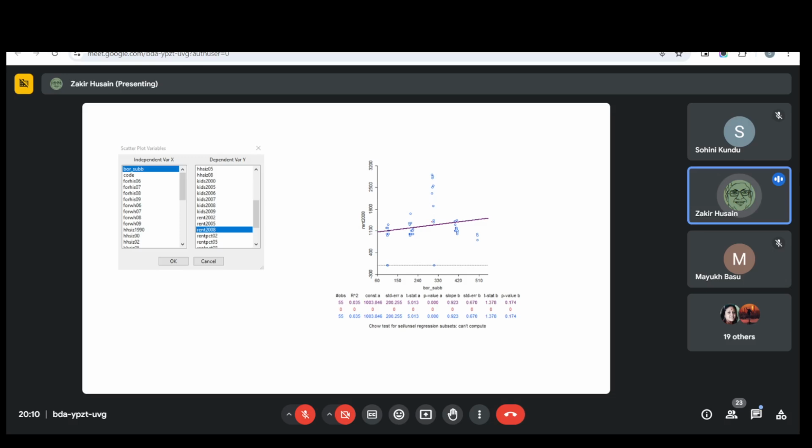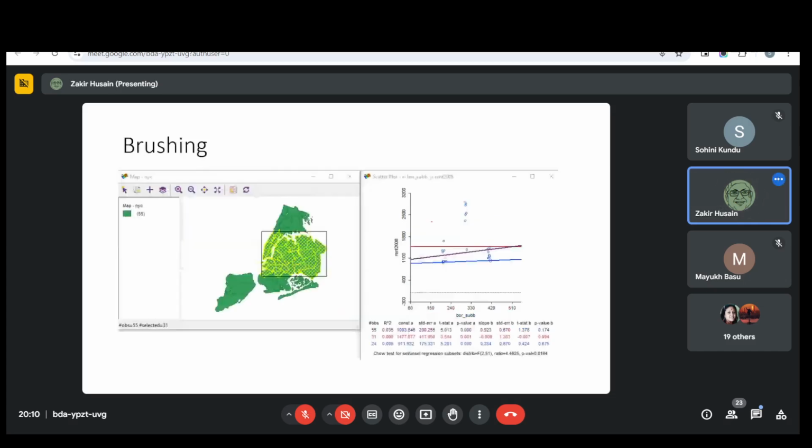Over here, we haven't selected any points. That is why we are getting only one regression. Now let us brush. As soon as we brush, the selected area is given by red, and we have the blue area, the blue regression line, which is the unselected area. So we have three regressions. This purple is for the total, red is for selected.